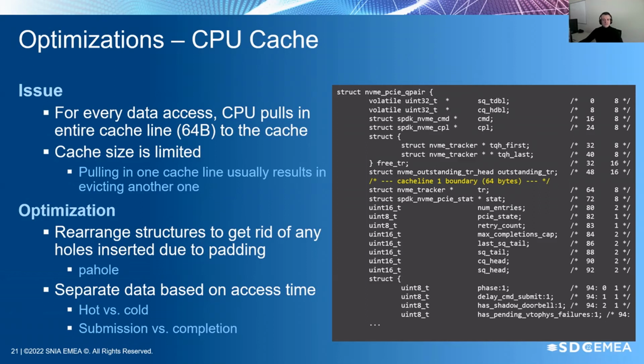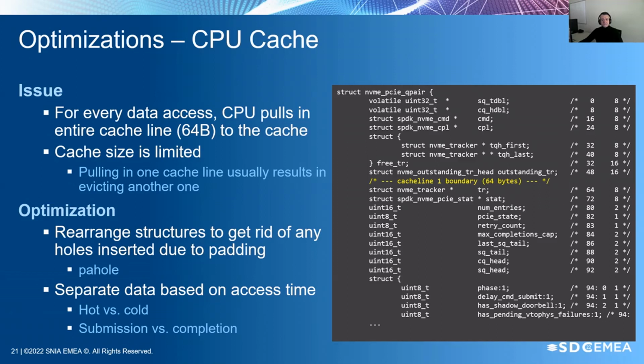And of course, the cache is very limited, so pulling one cache line will evict another one. So we want to be extra efficient with the structures that are used often, usually, for example, in the IO path.